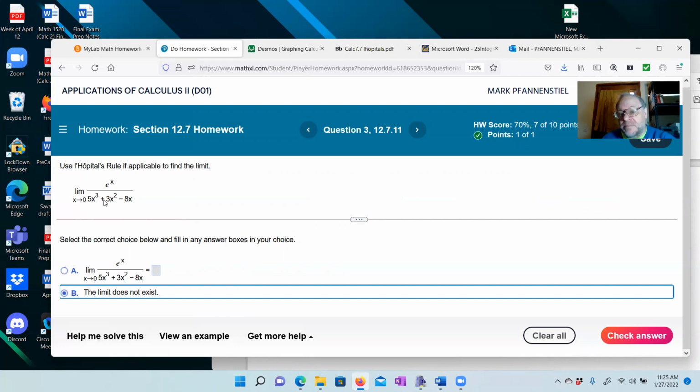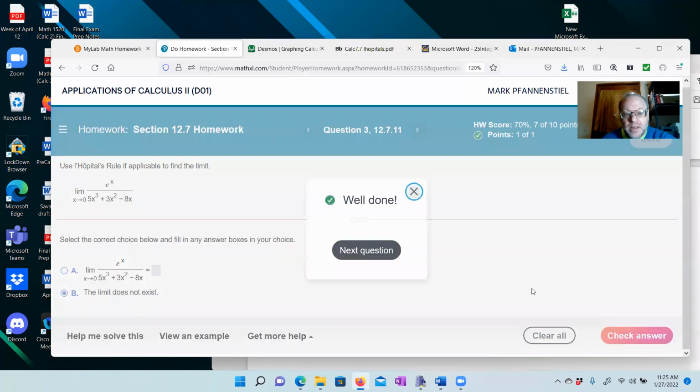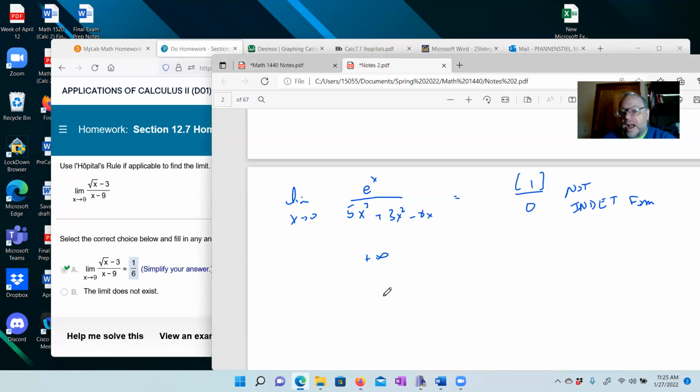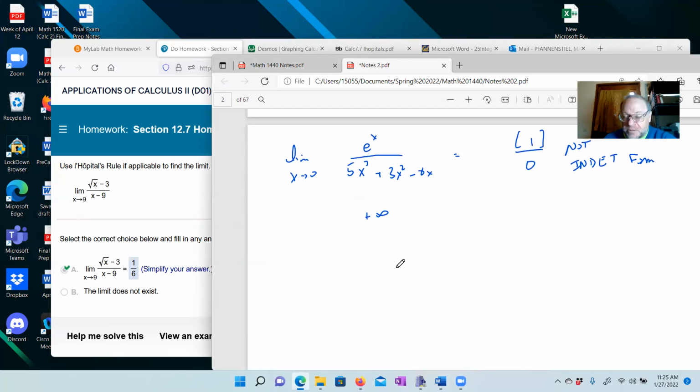It just gets really, really big. They will try to trick you. This is why it's important: you have to check to get credit for these things. If you don't, I'm just going to mark it wrong. So double check you have indeterminate forms first. Write it down, let me know you checked. Now we can go on to the next part.